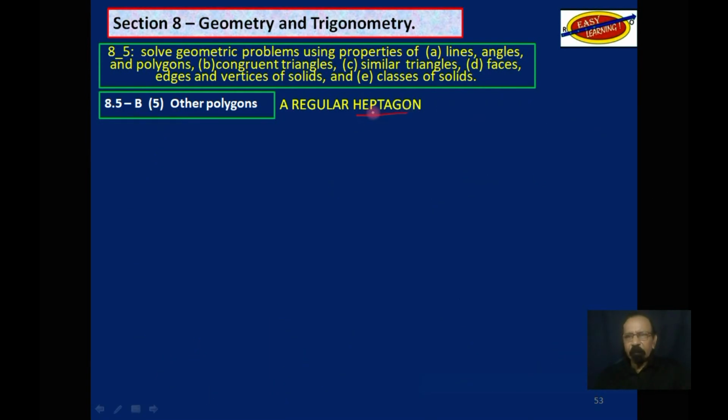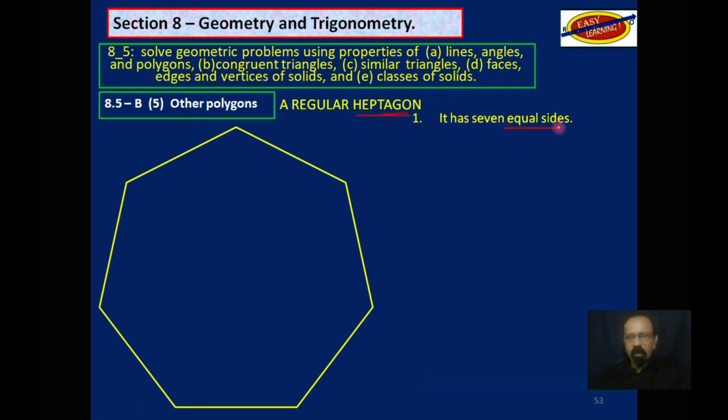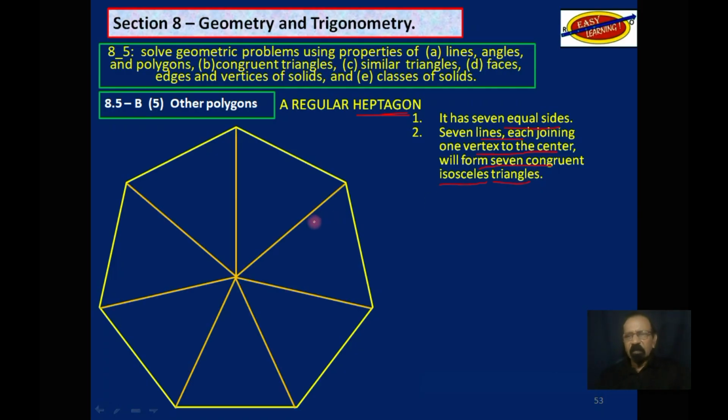Let's look at a heptagon. It has 7 equal sides. 7 lines, each joining one vertex to the center, will form 7 congruent isosceles triangles. So all these triangles are identical. They are isosceles. The angle that each triangle subtends at its center is 51.4 degrees.